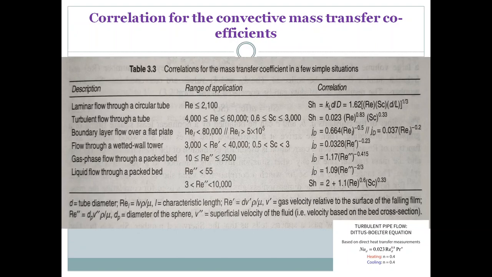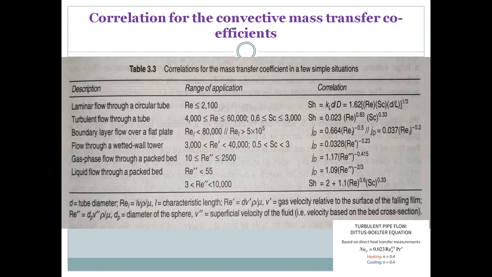Now, with this correlation you will calculate one type of coefficient, and the correlation will tell you whether it is KL, or KC, or another. Accordingly you calculate, according to what you need.